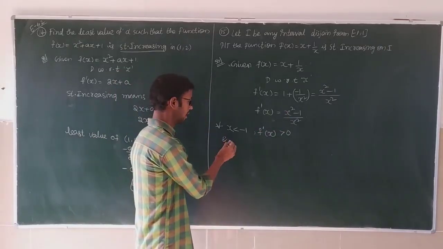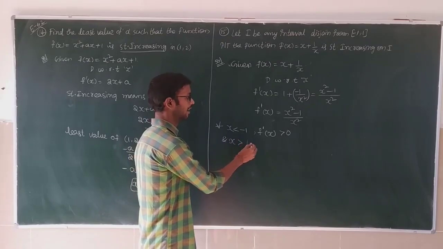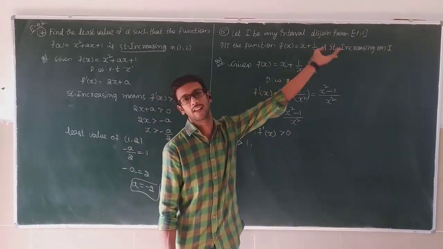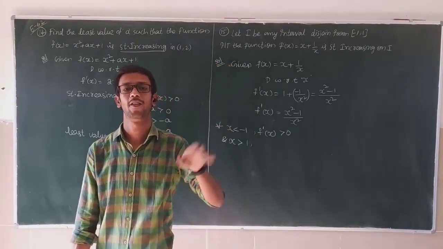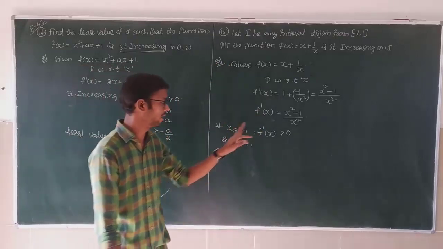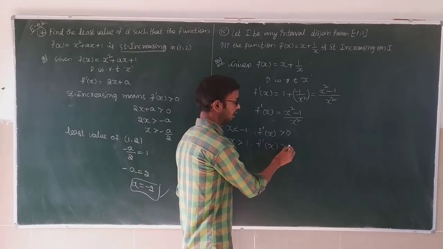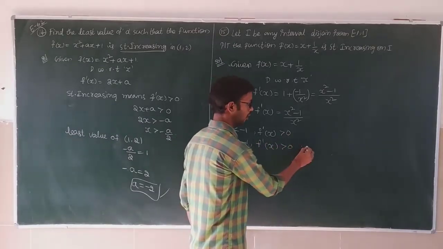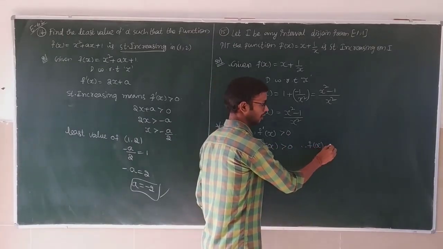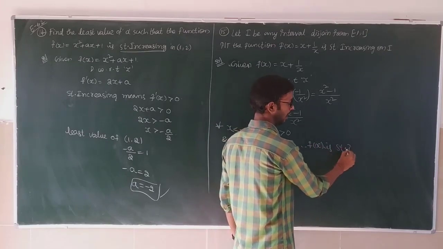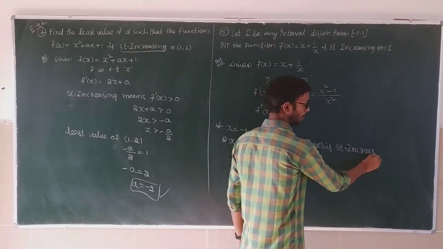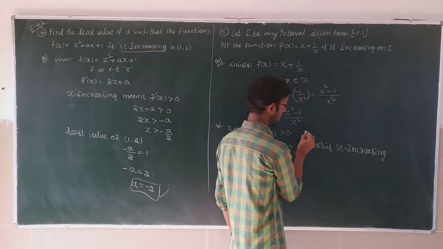And x is greater than 1. Other than 1, if we substitute any value 2, 3, 4 here, f dash of x is greater than 0. Therefore f of x is strictly increasing here also.